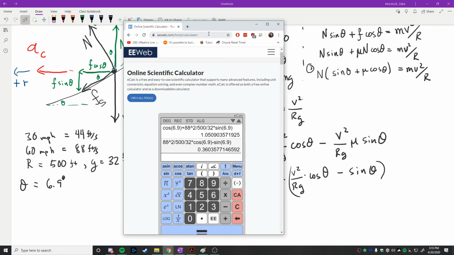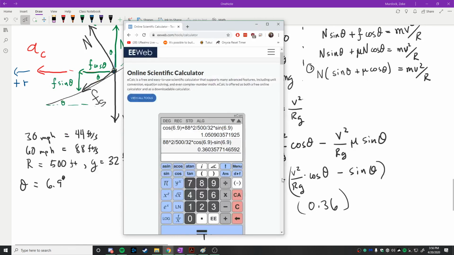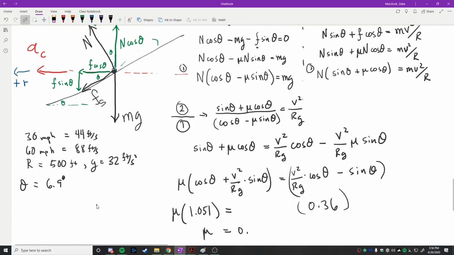So the right-hand side ends up being 0.36, which means that mu is equal to, and now we can just take our answers, basically this divided by this. So 0.343. That's the minimum coefficient of static friction to prevent the car from sliding up the ramp.